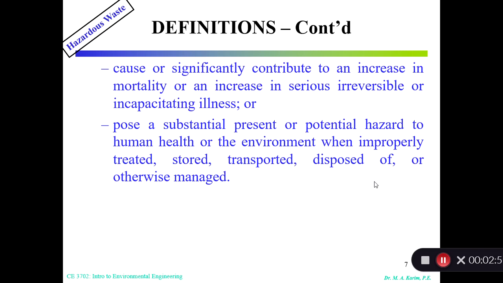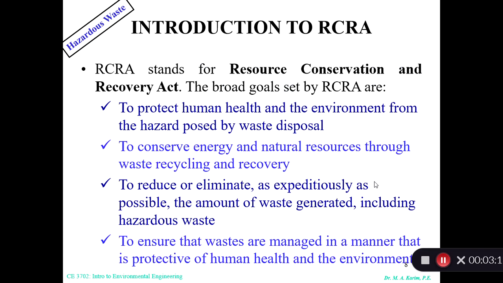Or it could pose a substantial present or potential hazard to human health or the environment when improperly treated, stored, transported, disposed of, or otherwise managed. So there are the two definitions. The regulatory definition looks a little bit longer because of the way the regulations are structured.